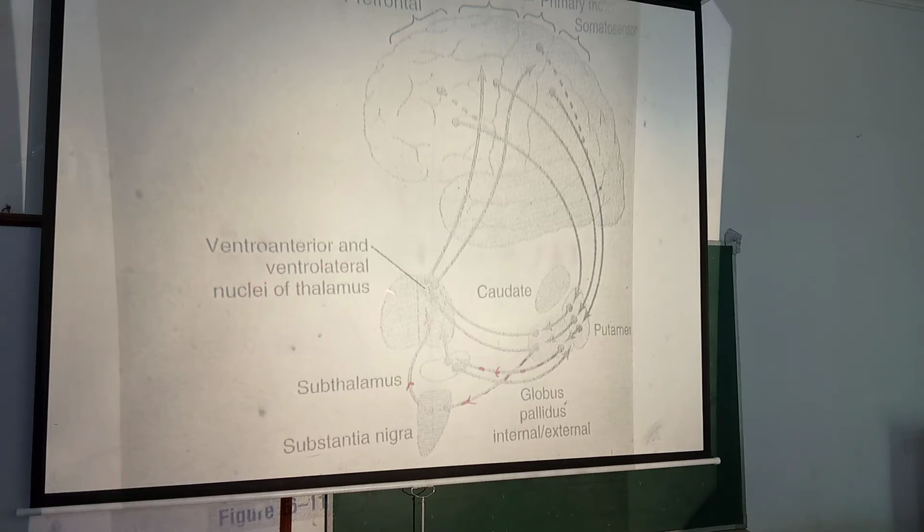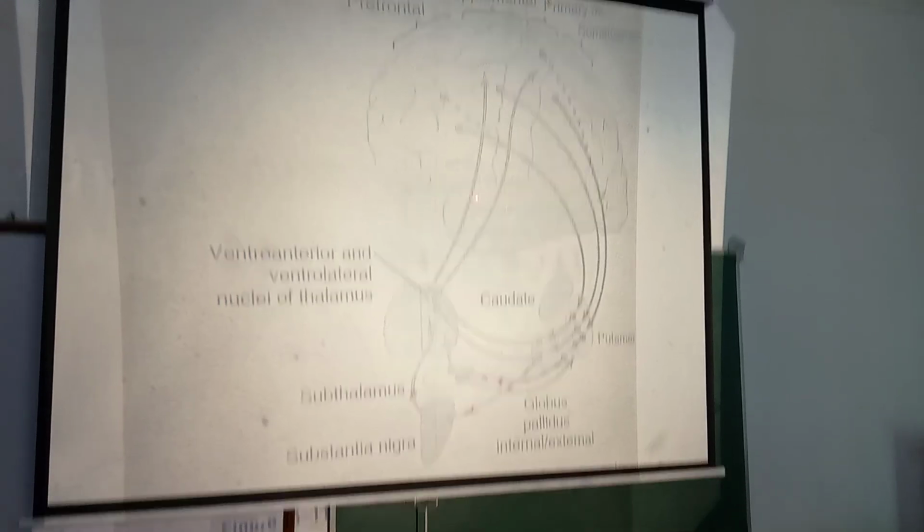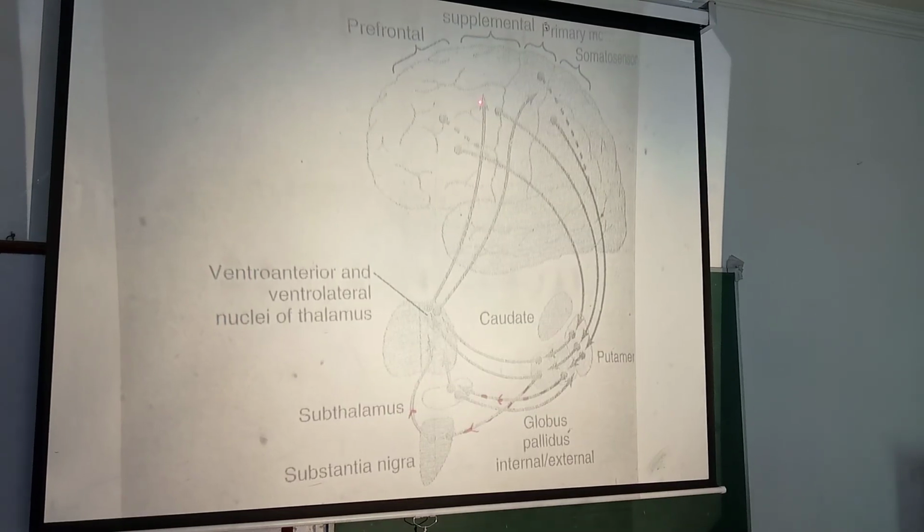And from these thalamic nuclei, nerve fibers arise, and these go to the primary motor area, supplementary motor area, and premotor area.